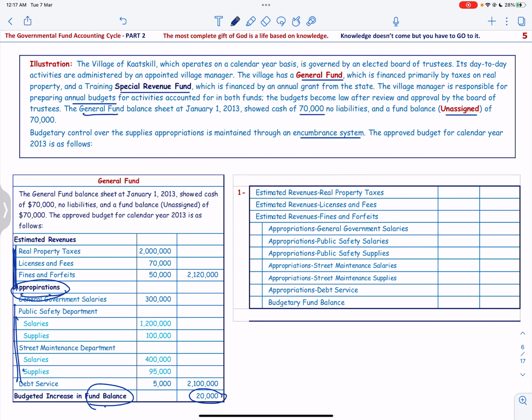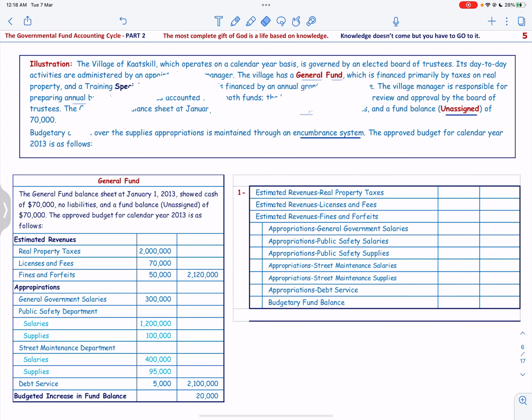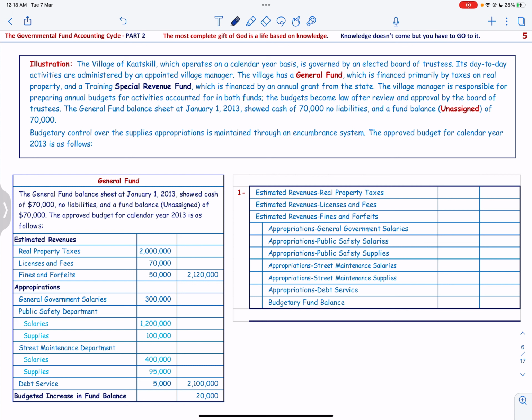So let us start with the first journal entry, and this is going to be the budgetary journal entry. We have estimated revenues, real property taxes, debit by 2 million.